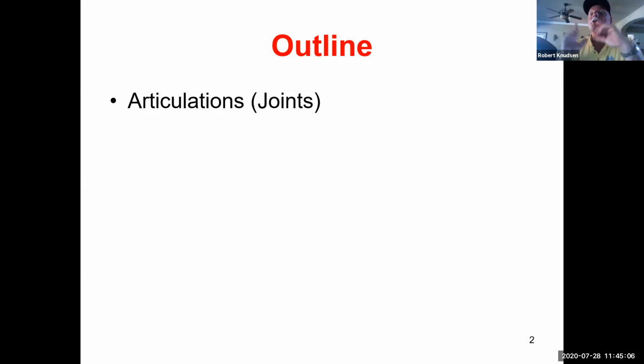Joints are classified in 2 ways. One is what holds them together. Two is how much they move. So there are 2 independent but also crossover ways of classifying joints. As far as what holds them together, we can have fibrous, which is your dense regular.